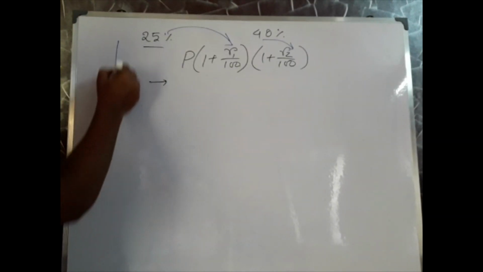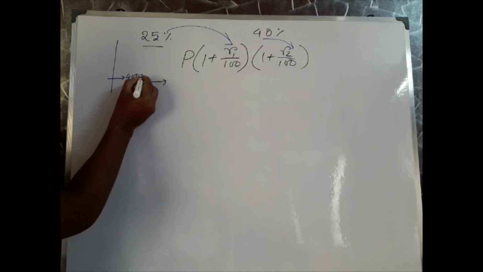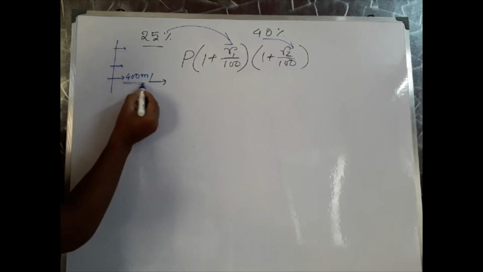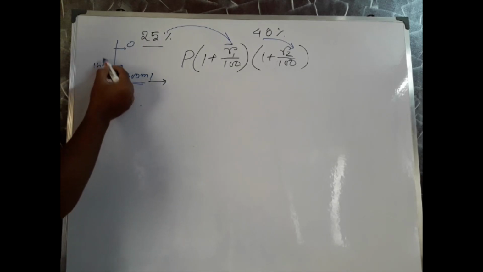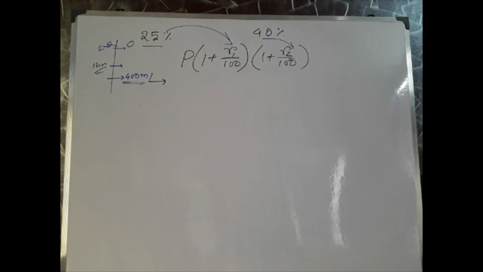Now consider the same scale with a different value: 400 milliliter. What will be the amount after 2 hours, first hour, second hour? If a bottle has 400 milliliter of water and after 1 hour someone adds 25% and in the second hour adds 40%, then what will be the amount of water after 2 hours?